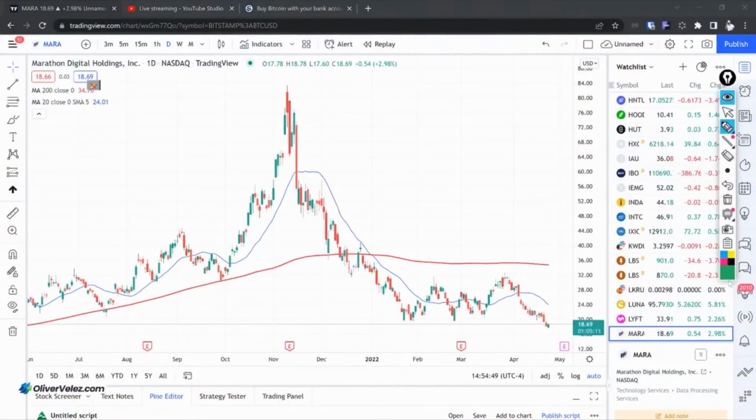All right. So let's say, for instance, you're getting this power bar surge off the 200. And typically, let's say it starts pulling back from here. Now, typically you want it to hold the halfway mark. That is your healthiest. Okay?